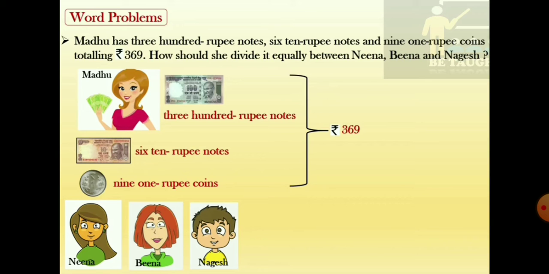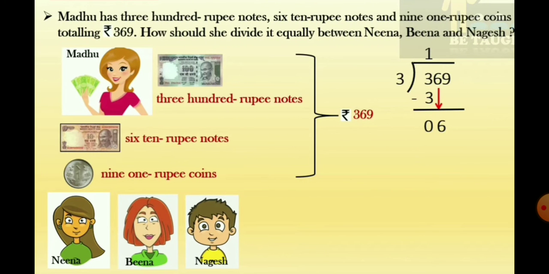So a 300 note, 6 10 notes and 9 1 rupee coins. This all together makes 369 rupees. So how should we divide it equally between Nina, Beena and Nagesh?